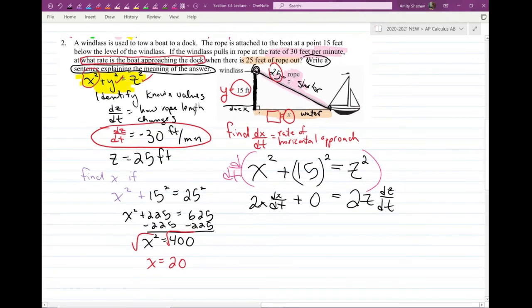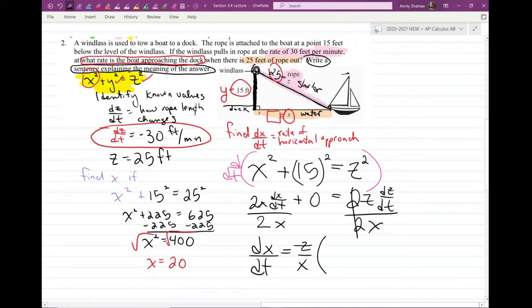Okay, so now I have 2x dx/dt equals 2z dz/dt. And by the way, I'm pretty sure that I can just solve for dx/dt by dividing by 2x. And so I have dx/dt is equal to, well, the 2's cancel out, z over x times the dz/dt.